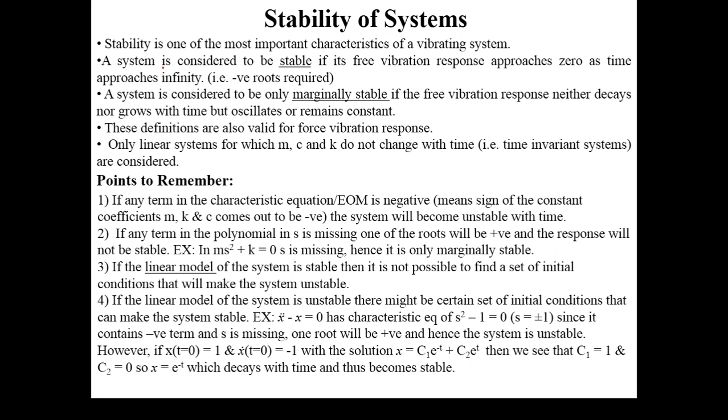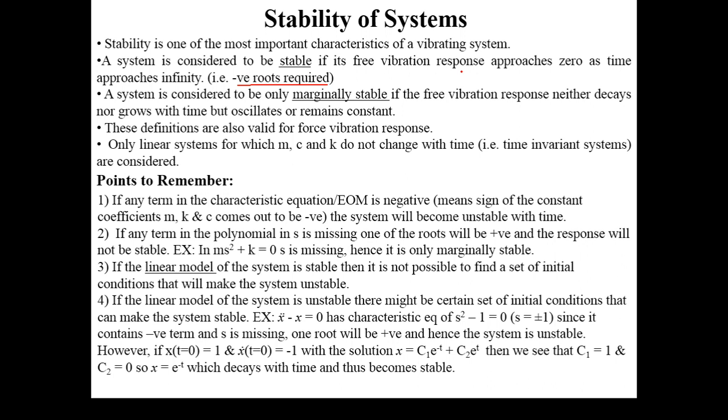Formally, a system is considered to be stable if its free vibration response approaches zero as time approaches infinity, or we can say that it must have negative roots, because negative roots satisfy this definition. If the roots are negative, then the response will decay in time and will obviously reach zero as time reaches infinity.